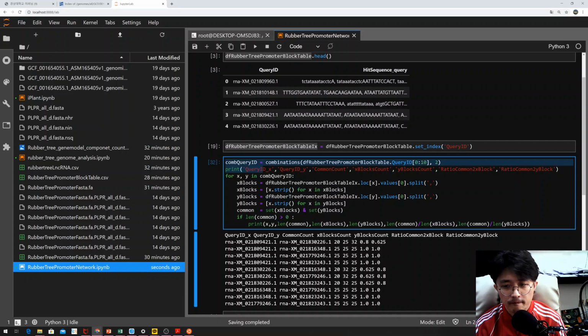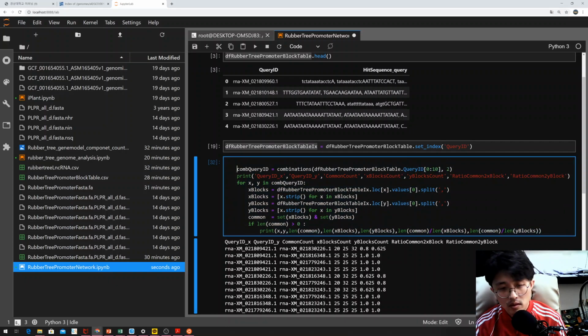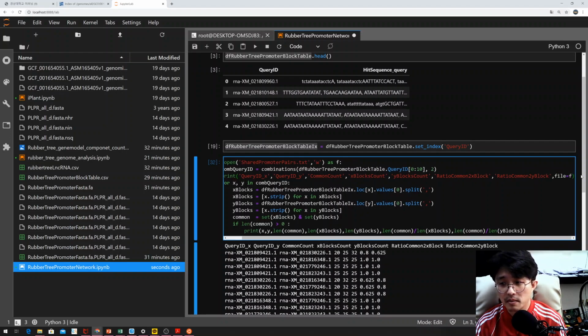Then you can print everything with open, common, no, shared promoter pairs text as file f, file called f.